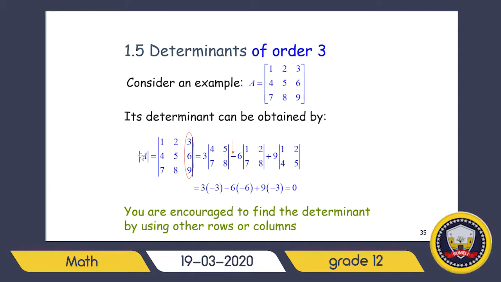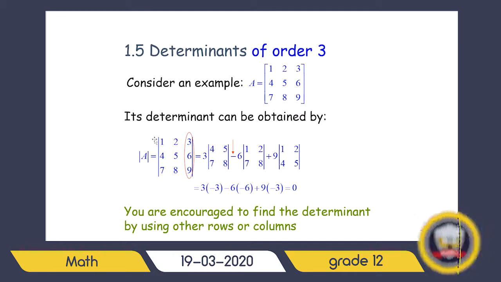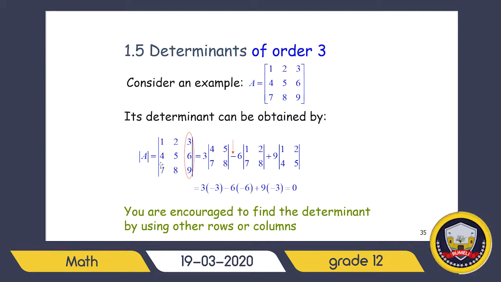The determinant of A, by definition, we can find by taking one row or one column and using this formula. Take the first element multiplied by the subdeterminant of this element: you cross out this row and this column, and you find the determinant.